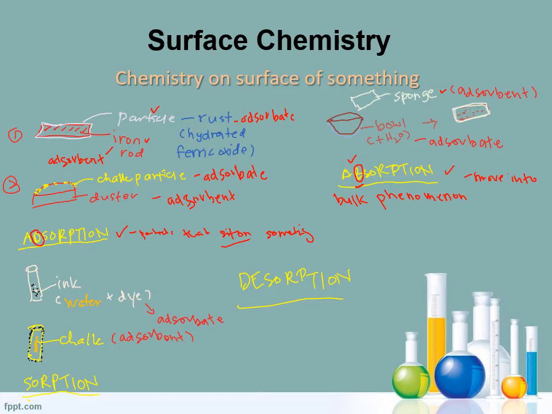Another example: let's say we have a cylinder that contains water and ink. So ink is a dye. And we have chalk. Now I dip the chalk into the cylinder. So what happened to the chalk? We can see that on top of the surface of the chalk, there will be particles of dye, and the water is absorbed into the chalk.